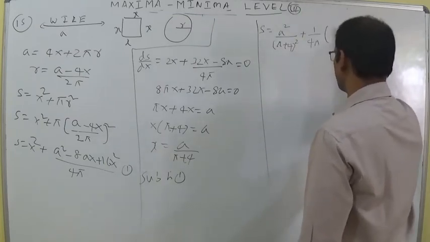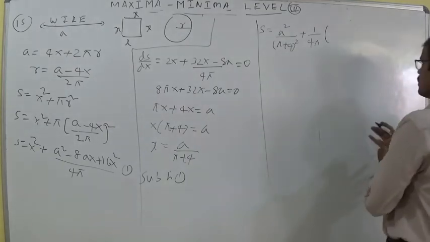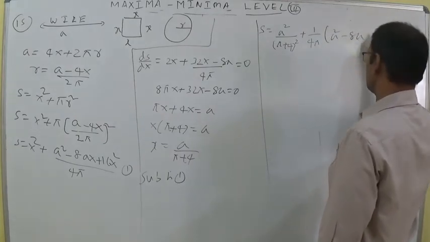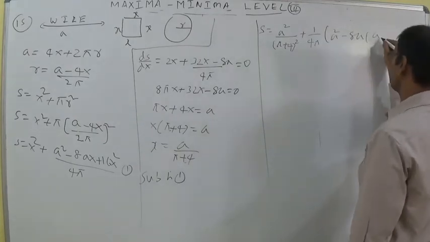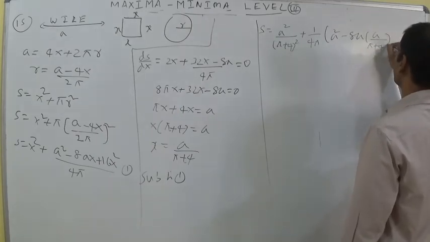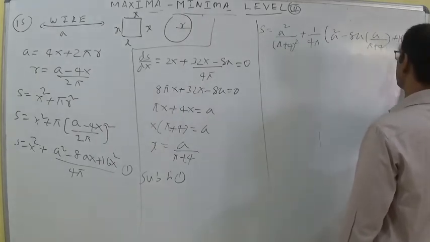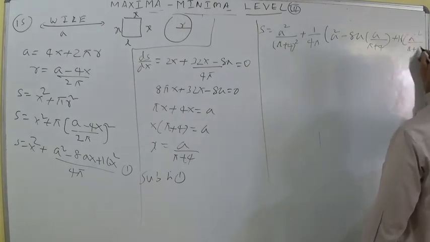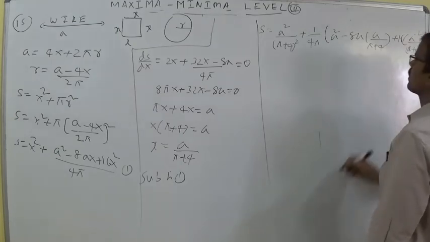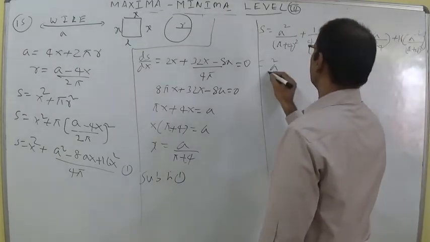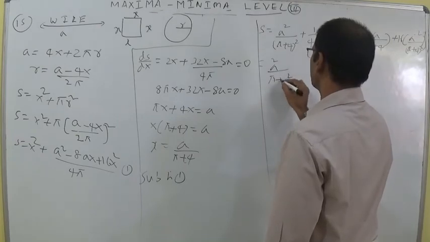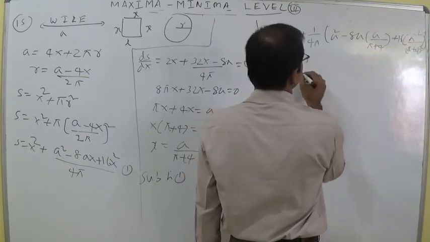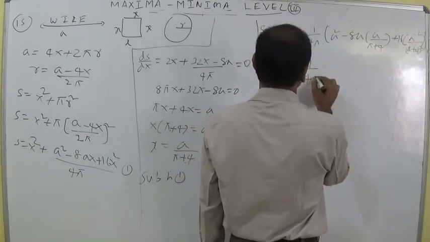Now we can write here a square minus 8a into a by pi plus 4 plus 16 into a square by (pi plus 4) whole square. That is equal to a square by (pi plus 4) whole square plus 1 by 4 pi.